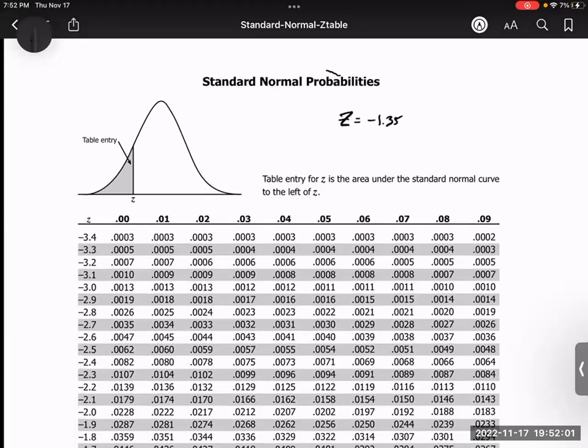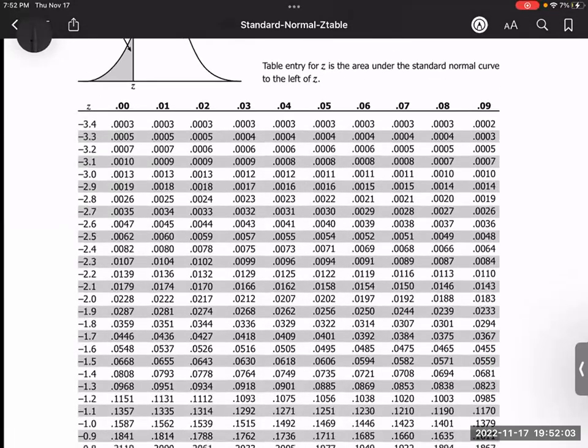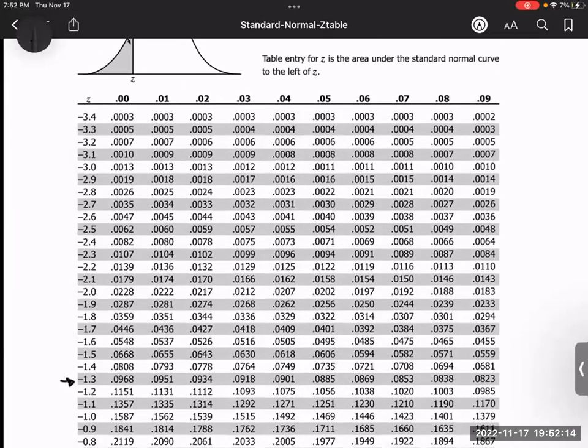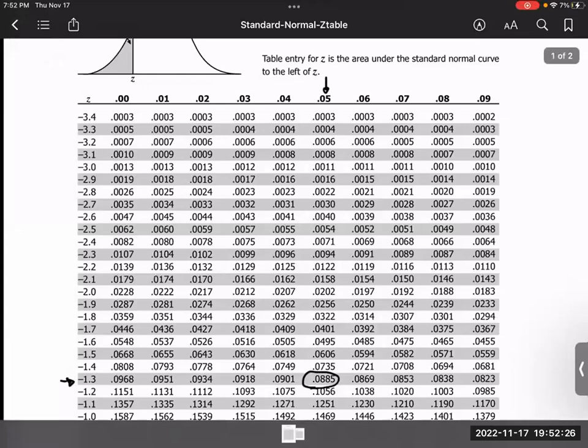For negative 1.3, you go down the first column and find it. In that row, you look at where the top ends with a 5. That number is 0.0885, just like what somebody mentioned in the chat. Very good. Sorry, I just couldn't see the name on my end.